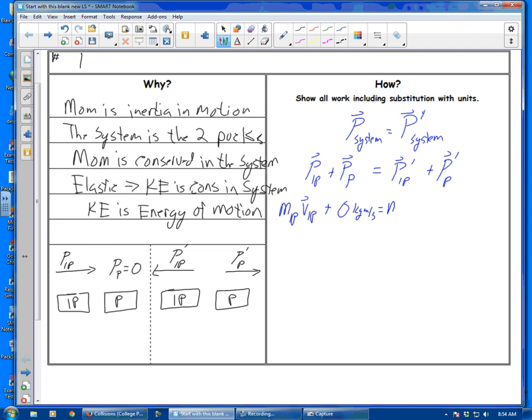Afterwards, I'm still going to have the same inertia of my ice puck. It hasn't changed. But I'm going to have a new velocity of my ice puck. Plus, bless you, the inertia of my puck and the new velocity of that puck. Those make up the individual momentums.